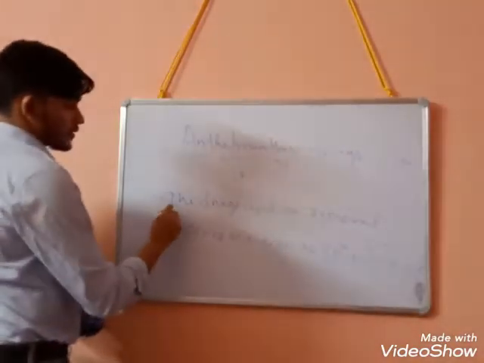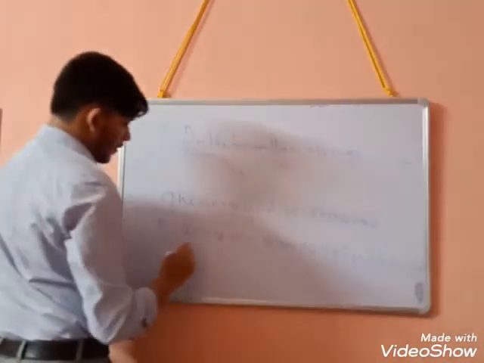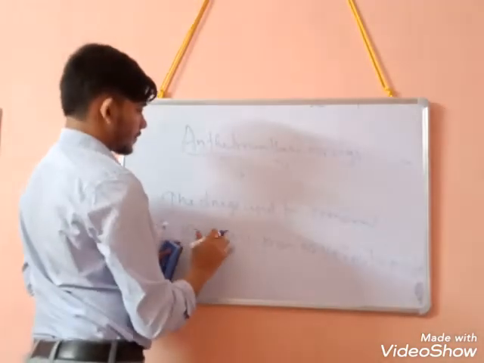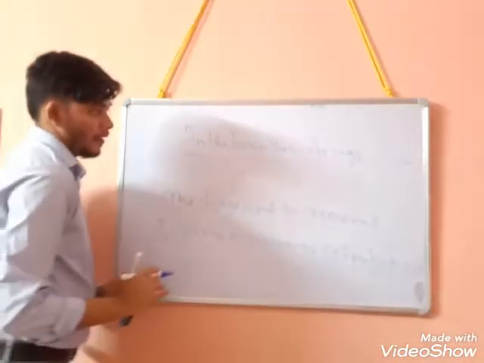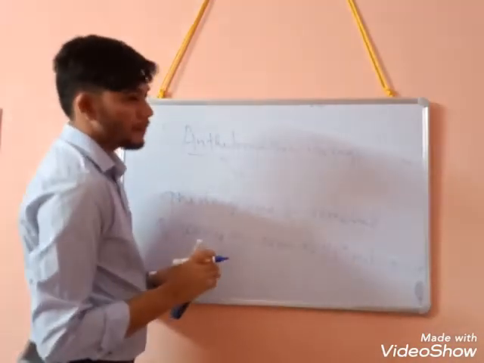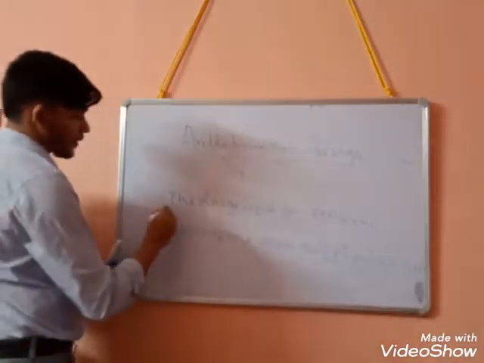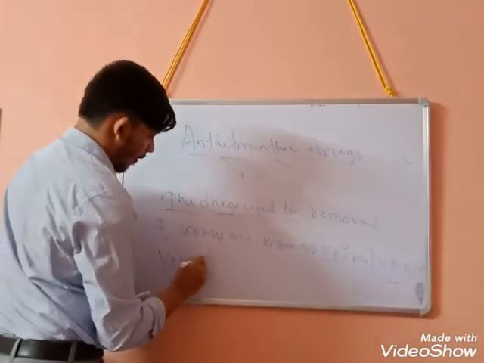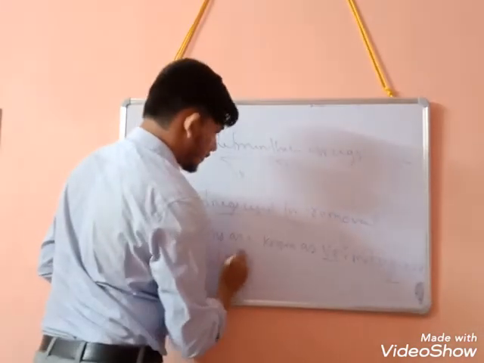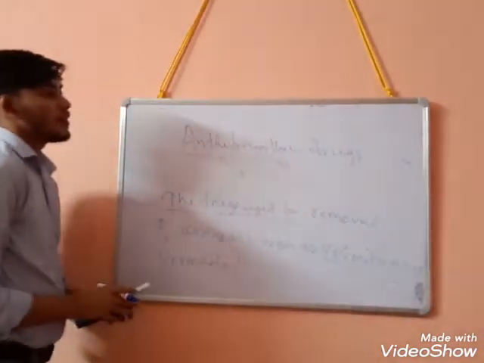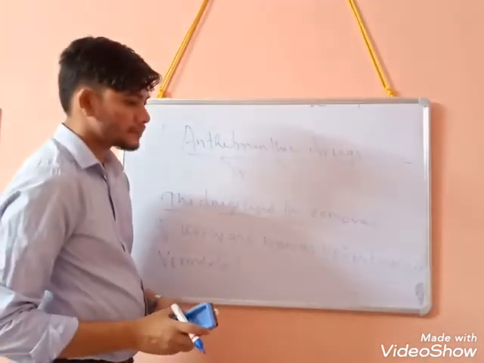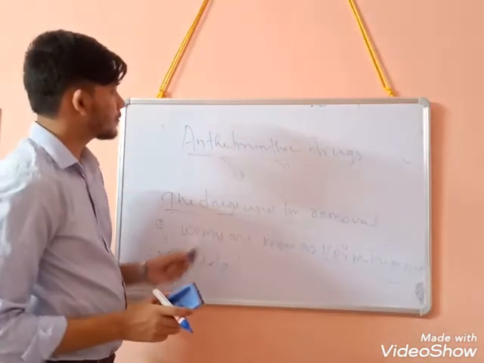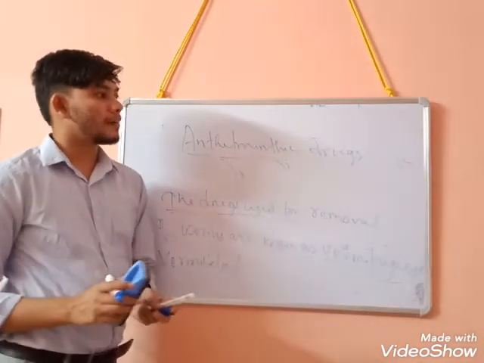And the drugs used for the killing of those worms are known as vermicidals. So you have to remember vermicidals and vermifuges. I hope this will be sufficient for anthelmintic drugs.